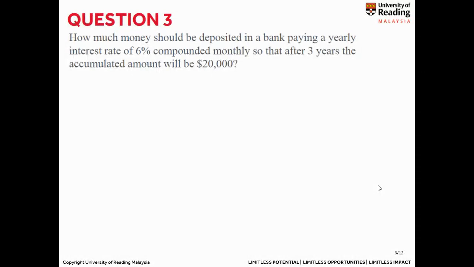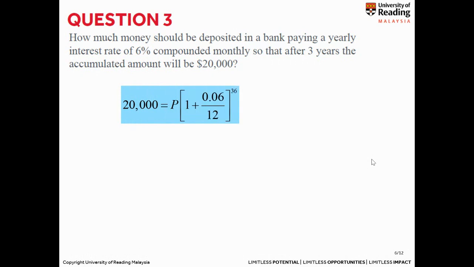Next, question 3. How much money should be deposited in a bank paying a yearly interest rate of 6% compounded monthly so that after 3 years, the accumulated amount will be 20,000? So we are still using the same formula.